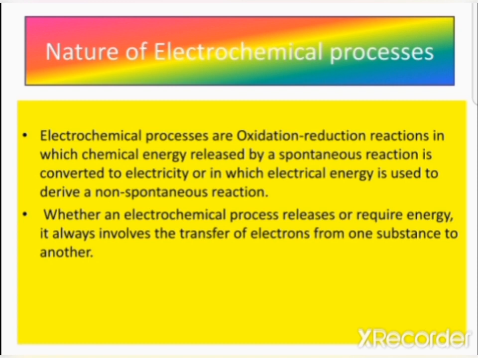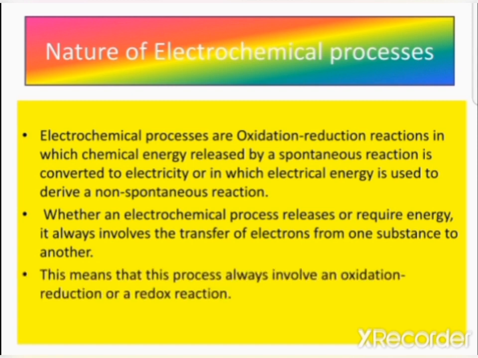Whether electrochemical process releases or require energy, it always involves the transfer of electrons from one substance to another. This means that this process always involves an oxidation-reduction reaction or a redox reaction.